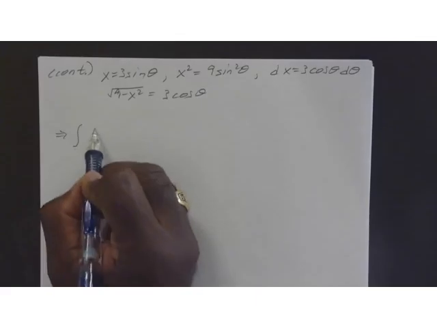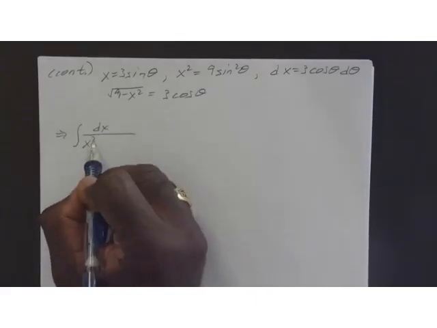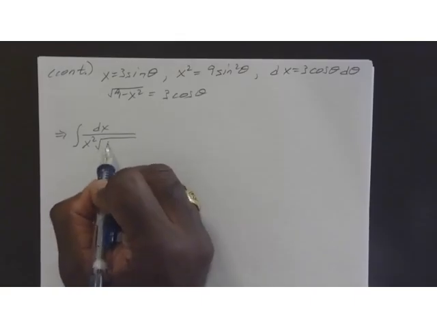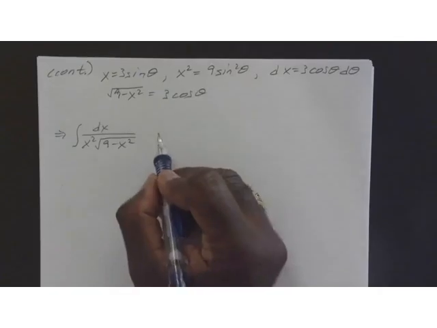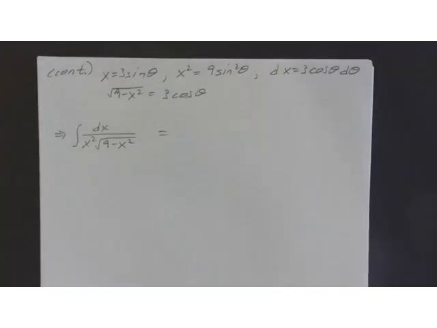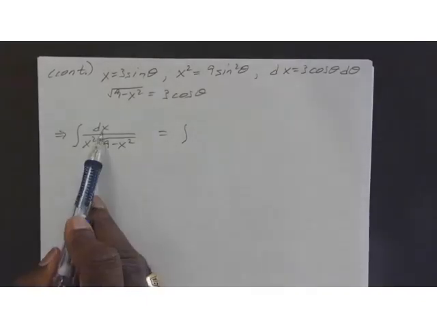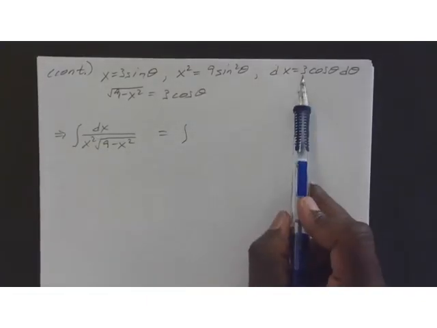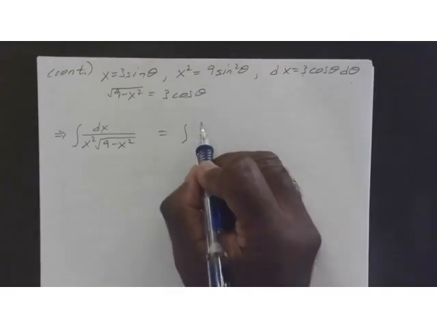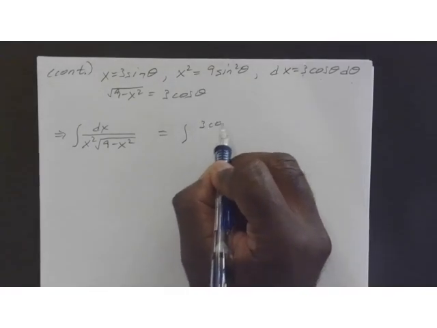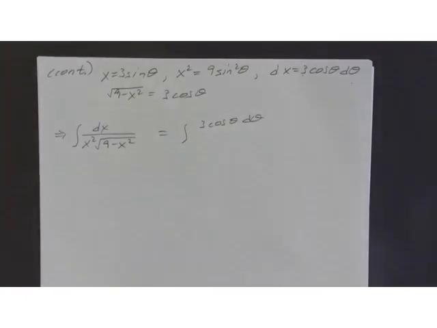Okay, so if we take the integral of dx divided by x squared times the square root of 9 minus x squared, we replace those one at a time. So that's the integral, that dx, well, that's 3 times cosine of theta d theta, with respect to theta.